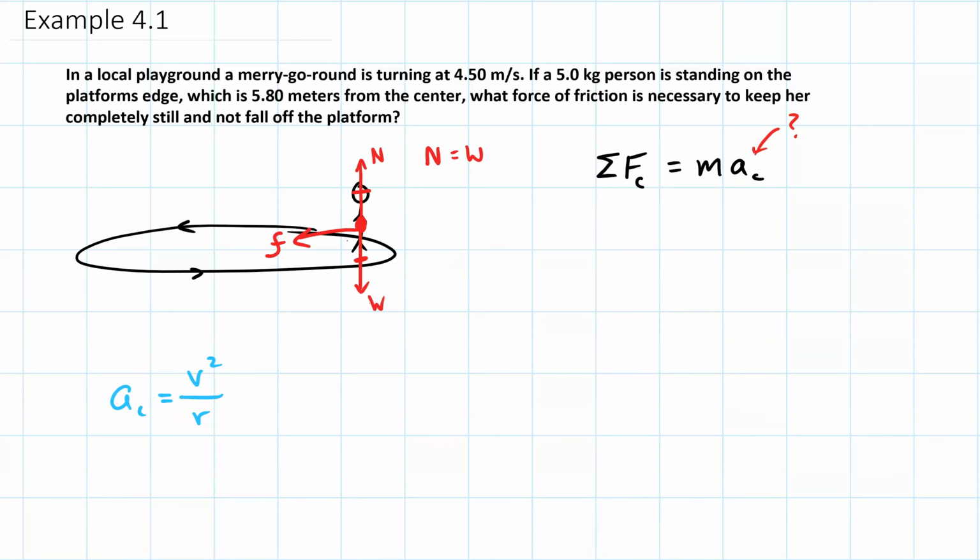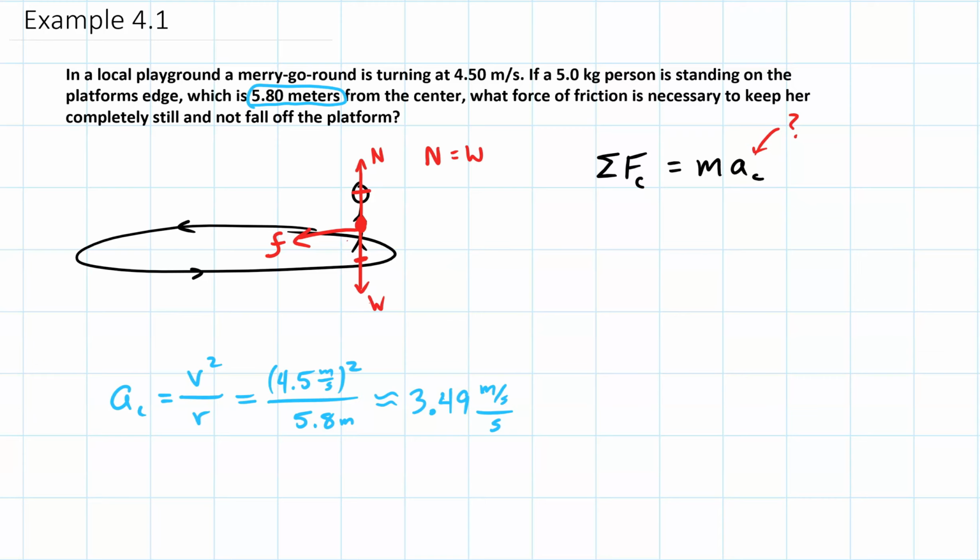The problem tells us that this kid is spinning around at 4.5 meters per second, and that value gets squared, and they are rotating around a radius of 5.8 meters. When we punch that into a calculator, we can round a little bit and get about 3.49 meters per second squared. That's their centripetal acceleration.